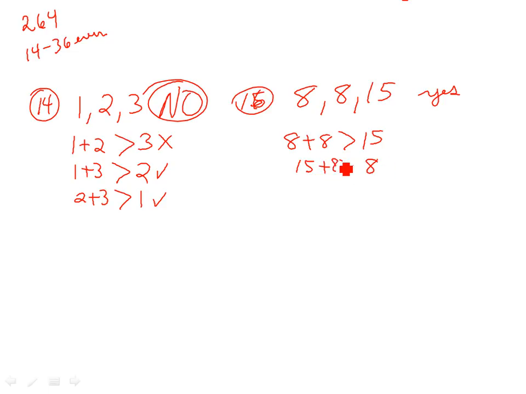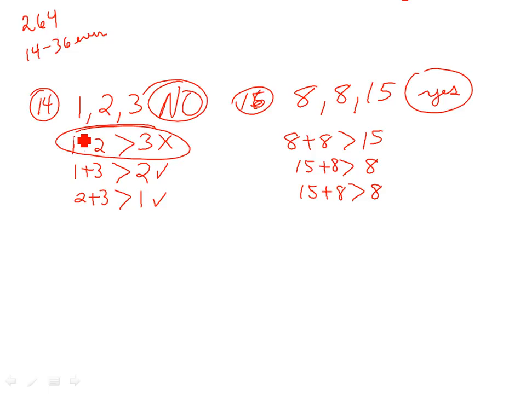And then what's the last one? 15 plus 8 again, right? More than 8. So that works, so yes. Everybody understand that? Any two sides got to add up to be more than the third side. Now, if we would have done this one over here and we would have started with 1 plus 2 isn't greater than 3, would we have had to go down this far? No, you know to stop right there because it won't work.